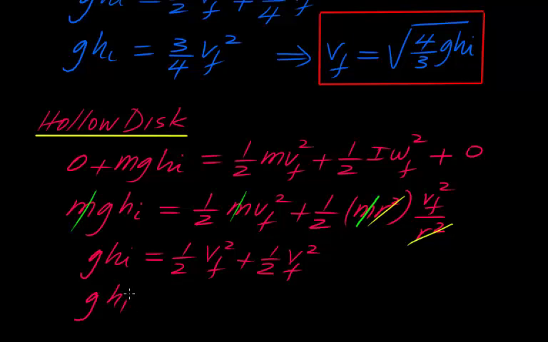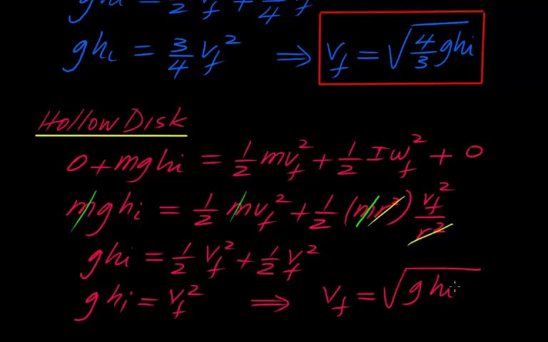This can be simplified further. gh initial equals 1/2 plus 1/2, that's 1, therefore equals v final squared. Isolating v final, we obtain the square root of gh initial.